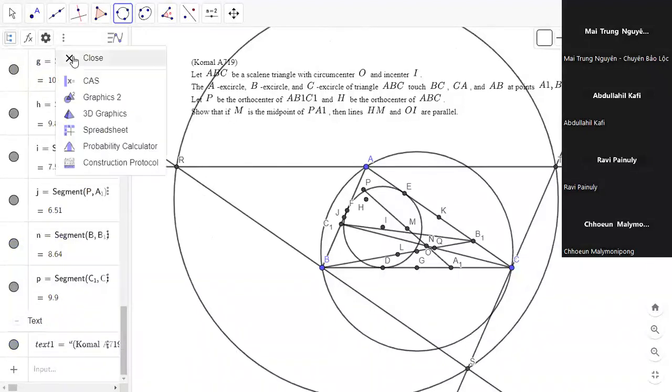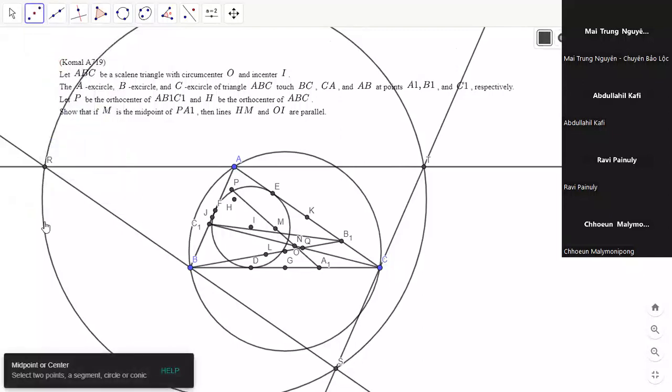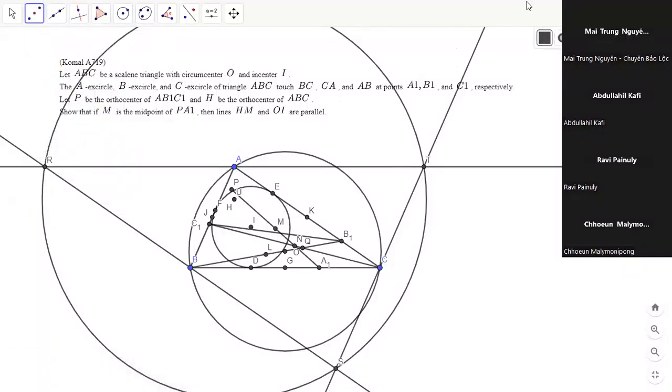Oh, I don't need this. I can just do this. Is it H? Oh yeah, H is the circumcenter. That's my favorite proof that the orthocenter exists in the first place. QH is parallel to OI.